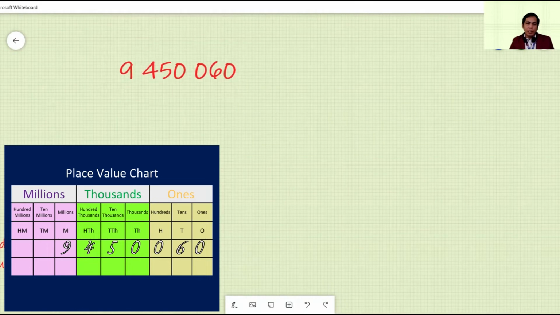So in reading and in writing numerals, we have to start from the left, which now has 9, which is found in the millions period. So the rule is that we have to identify the value of the given numeral per period. So you have 9. And then we have to state the period without the S. So 9 million.